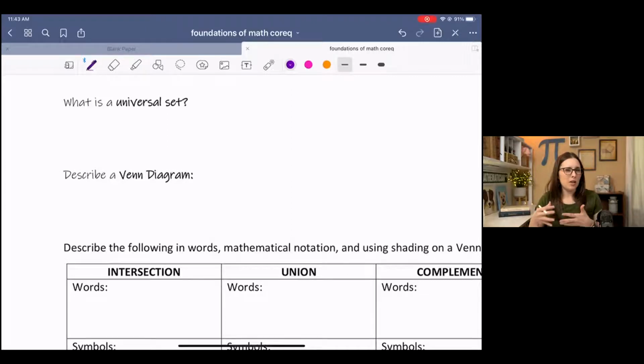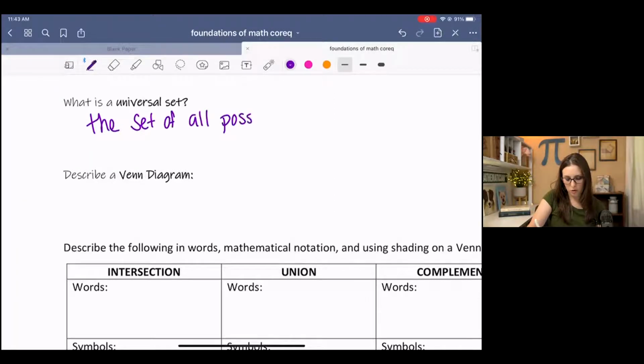So that's kind of where that's leading. But the universal set is the set of all possible elements, either up for discussion or being considered or being looked at. Anything like that would work as far as your notes. Set of all possible elements under consideration, I'll say.